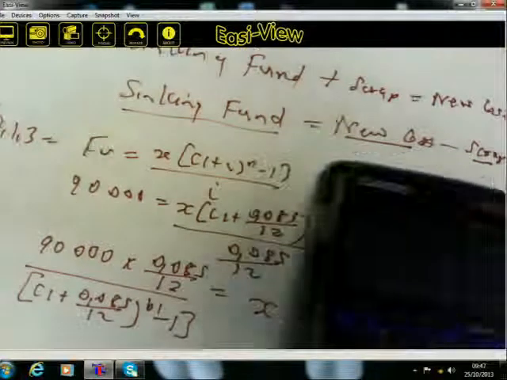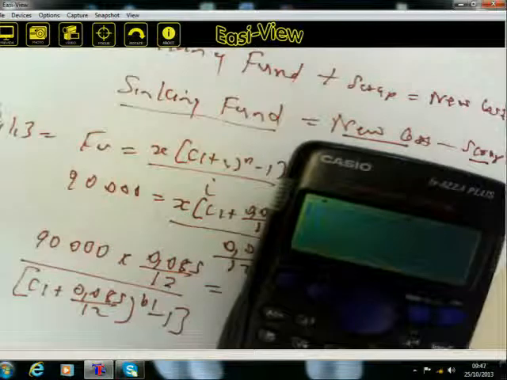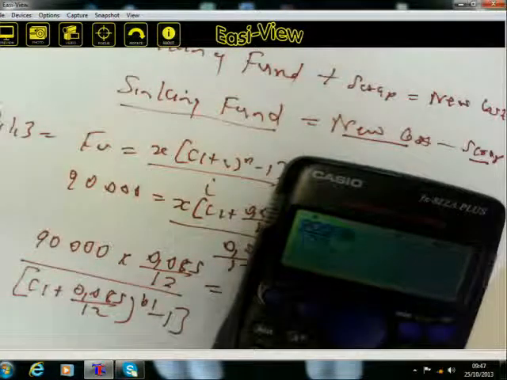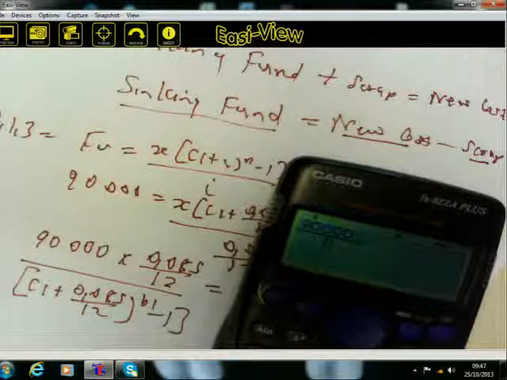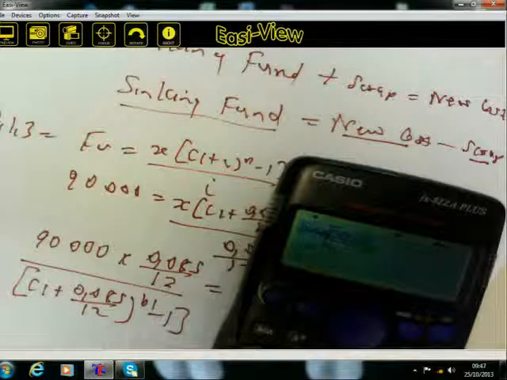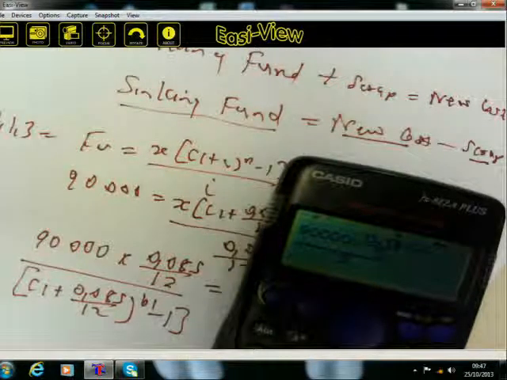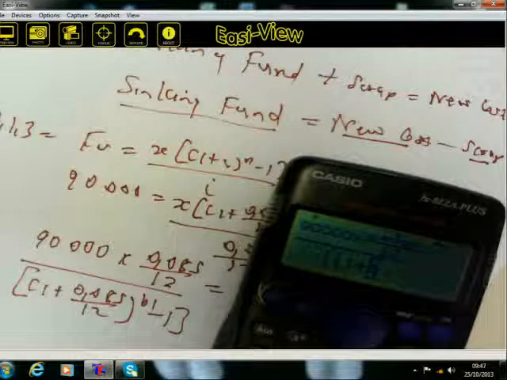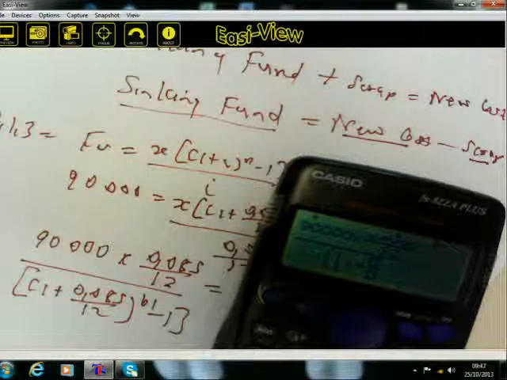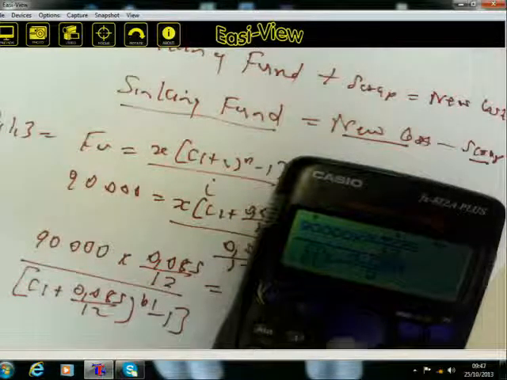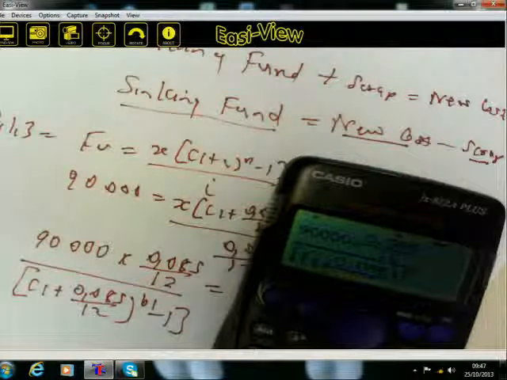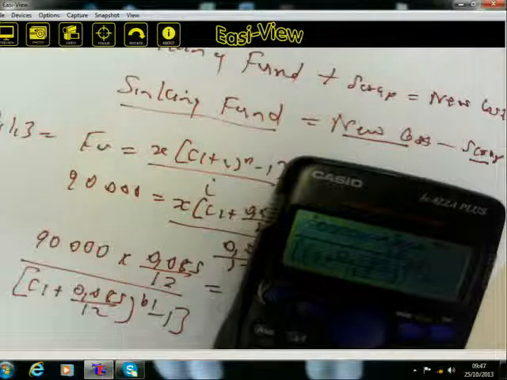And then from here, do your calculations on the calculator. 90,000, open brackets, multiply by the fraction 0.085 over 12, and then divide by 1 plus 0.085 divided by 12, to the exponent of 61, then minus 1.